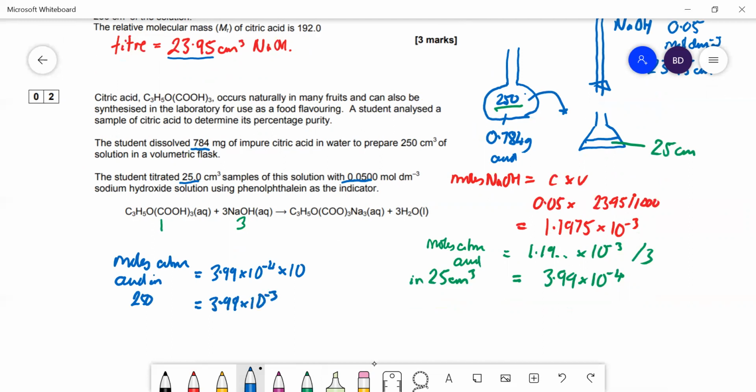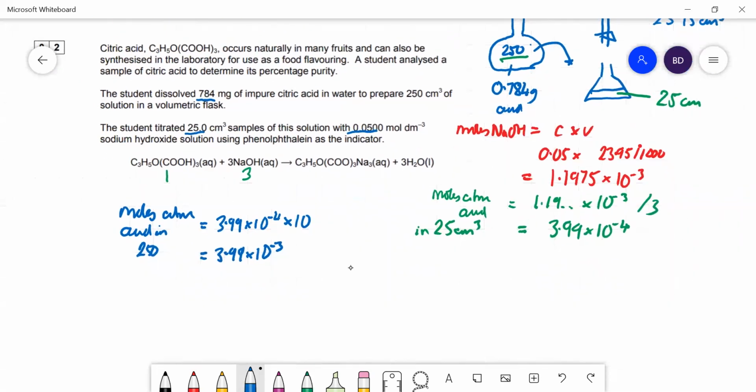Now we need to work out the mass of citric acid. We do that by moles equal to mass over Mr, so mass of citric acid is moles times Mr: 3.99 times 10 to the minus 3 moles multiplied by the Mr of citric acid. They give it to you in the question, you don't have to work it out: it is 192.